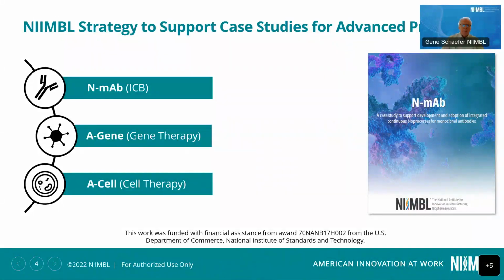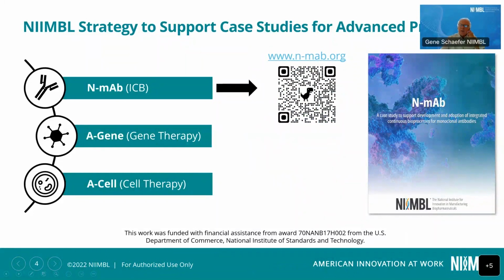So the N-mAb case study for integrated continuous bioprocessing is really just part of an overall NIIMBL strategy to develop case studies to support advanced processes. The N-mAb case study can be found using that web link or this QR code, where you can download the full case study.